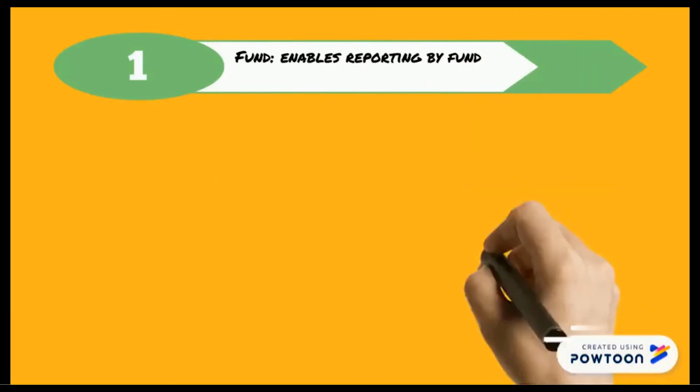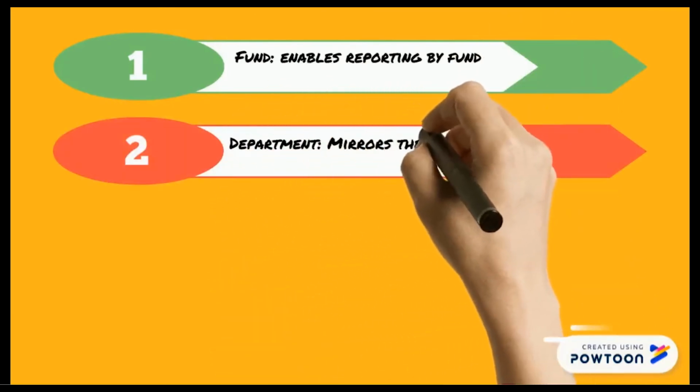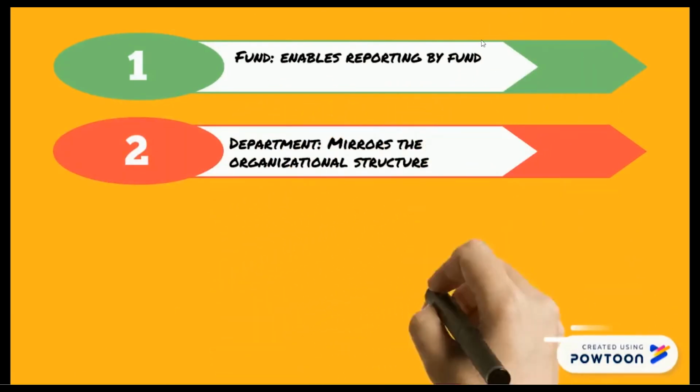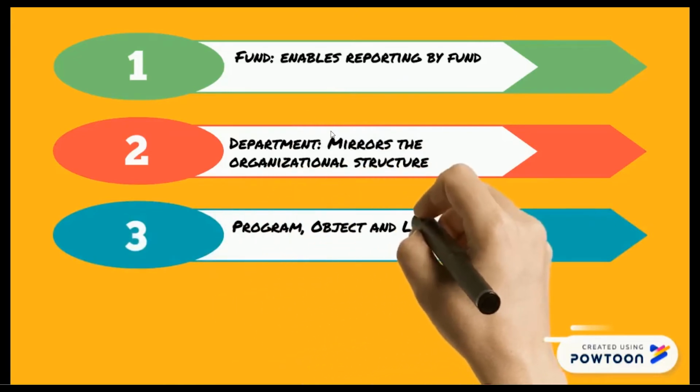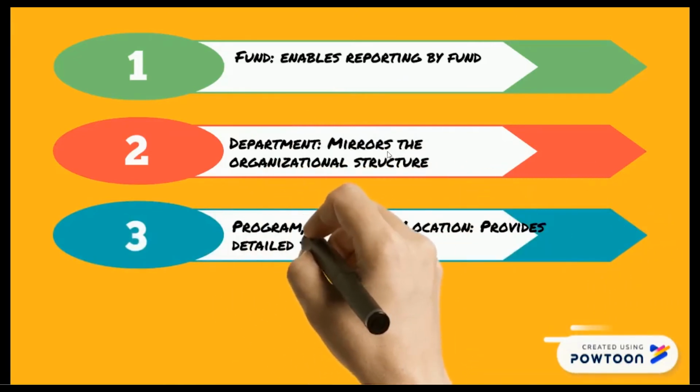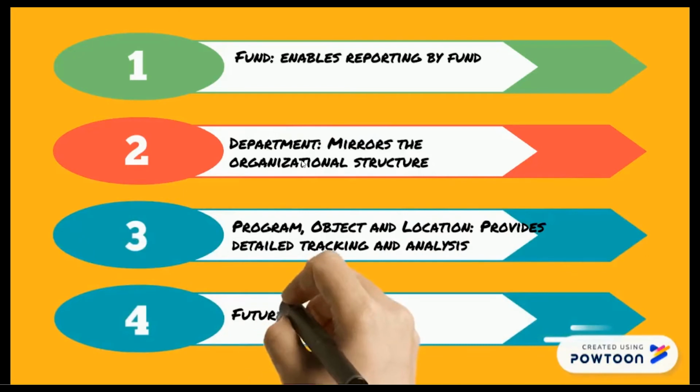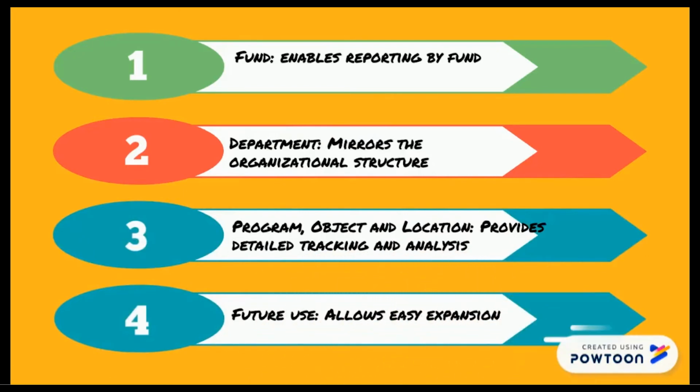The first element is the fund, which enables reporting by funds. The second is the departments, which mirror the organization structure. The programs, objects, and location provide detailed tracking and analysis. The future use allows easy expansion.